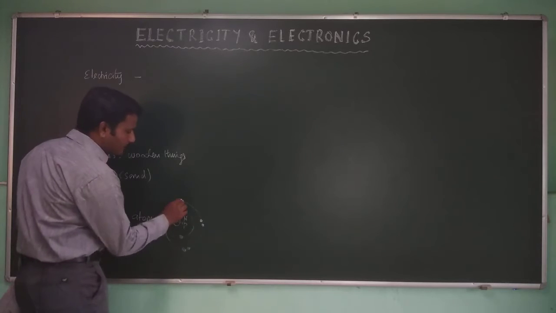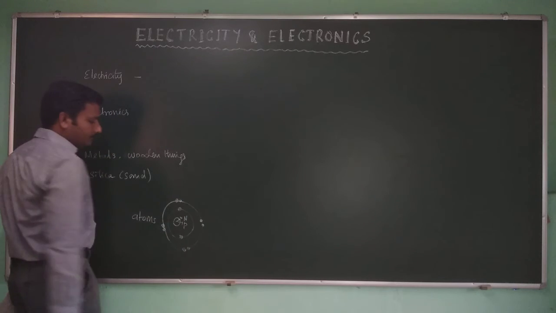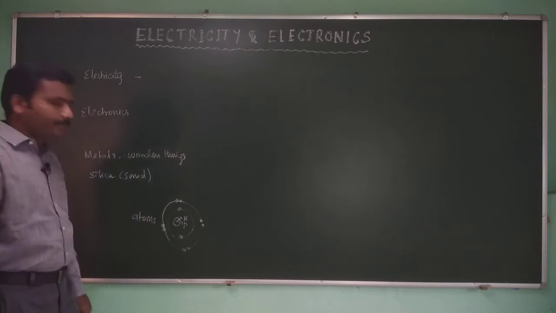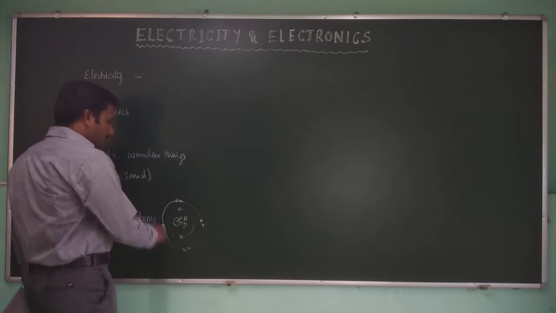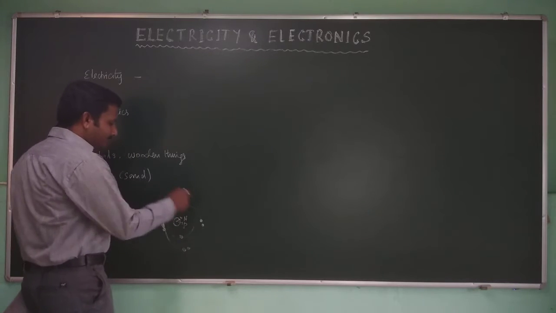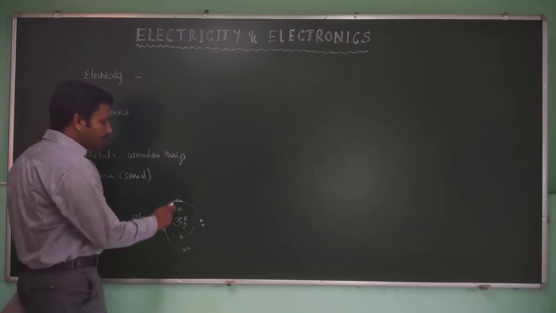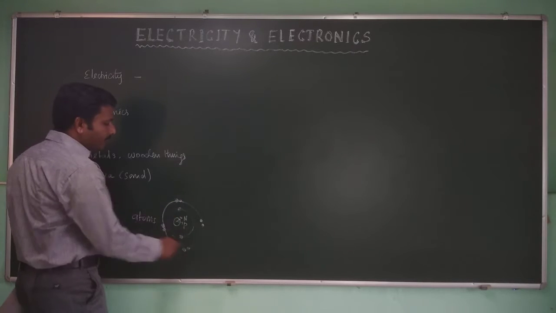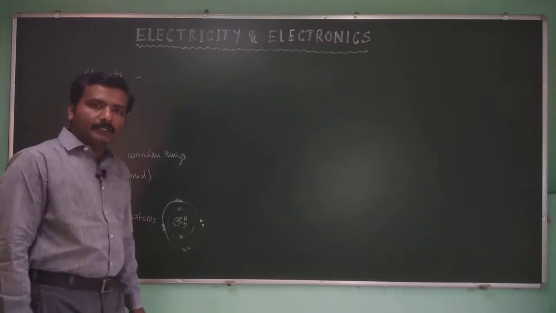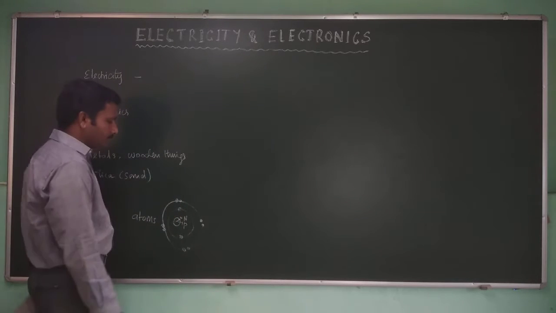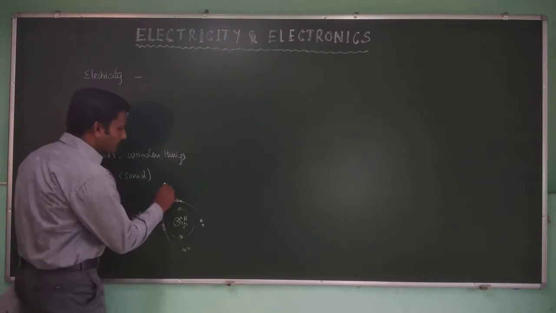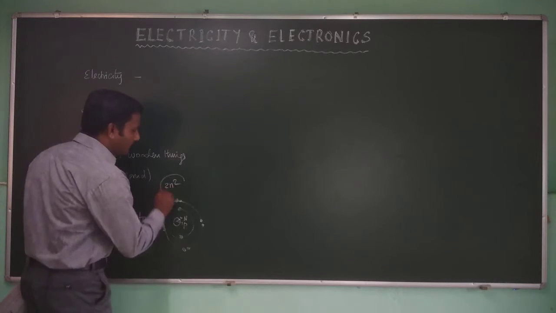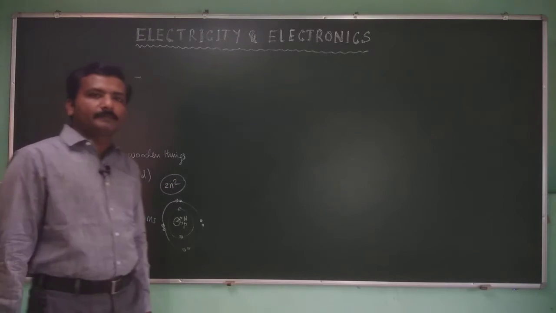You can say like this. So these revolving electrons fill different orbitals in a particular manner. You can say that it is filled with the formula 2n square if you recall.